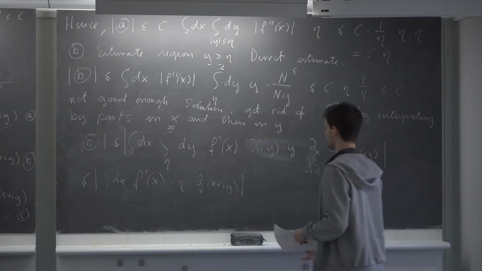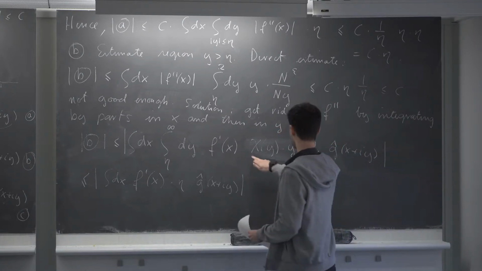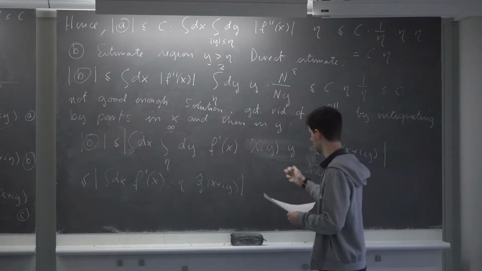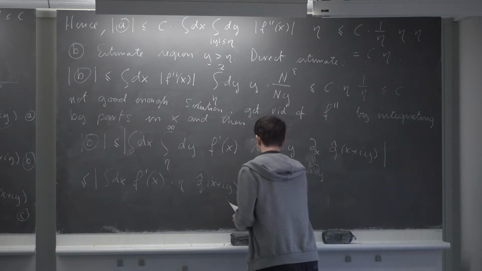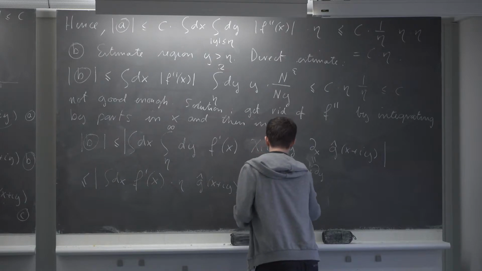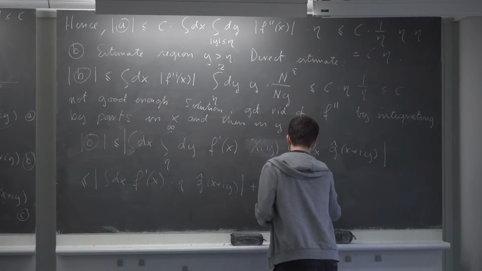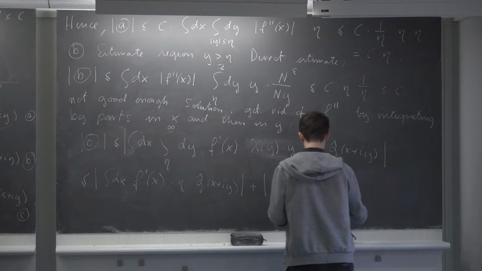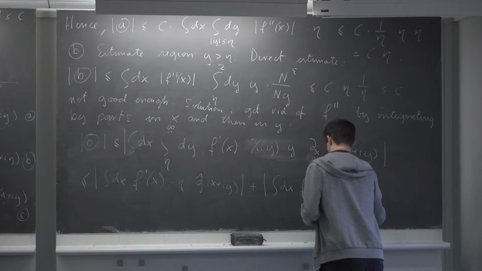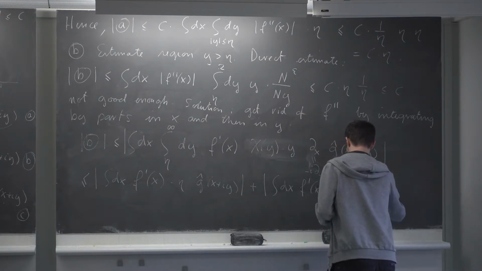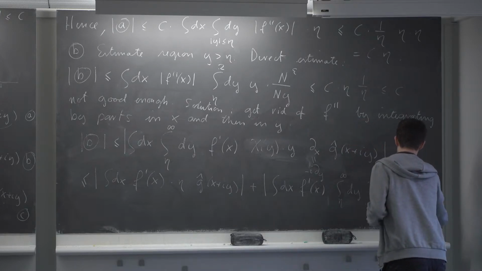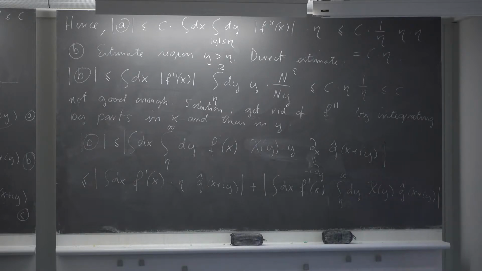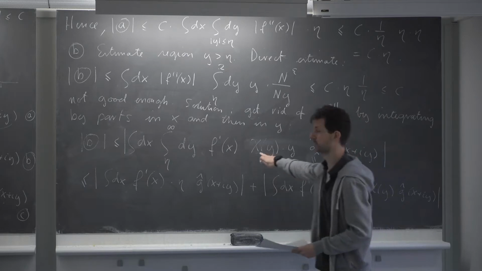And then I have two terms that I get by differentiating, and one is when I differentiate chi, and the other one is when I differentiate y. So let me write them like this. That's the term I get if I differentiate the y, and finally I can differentiate the chi.